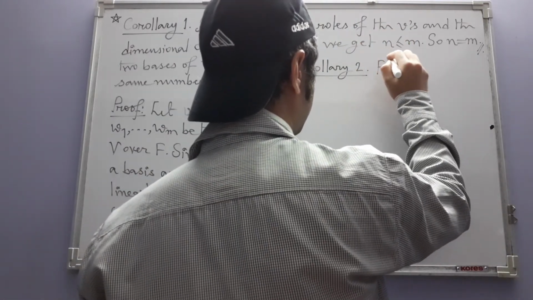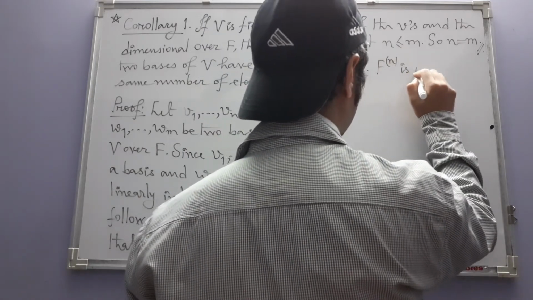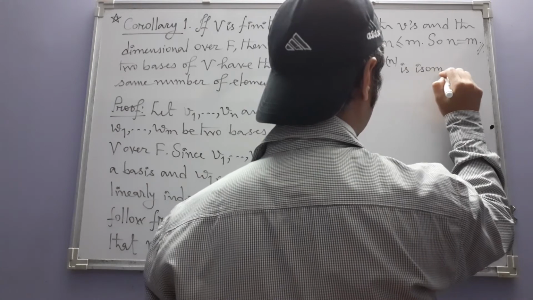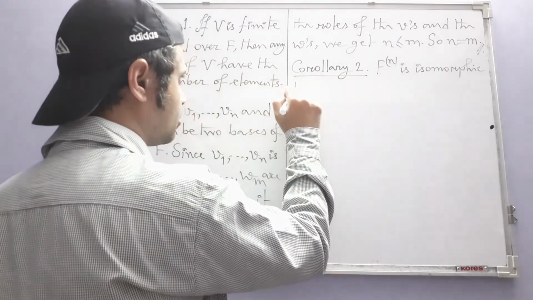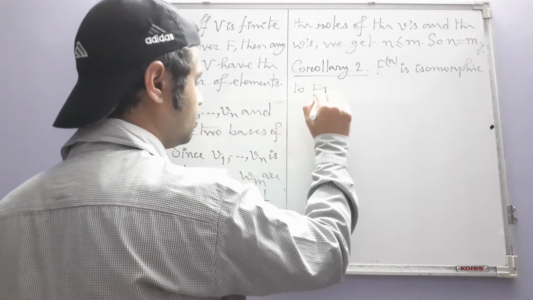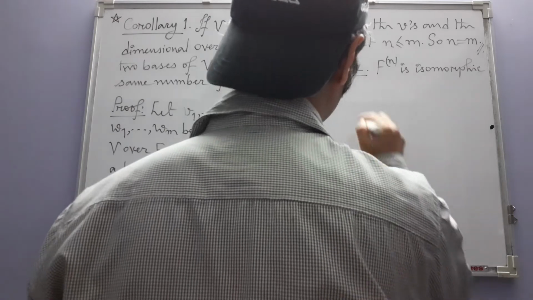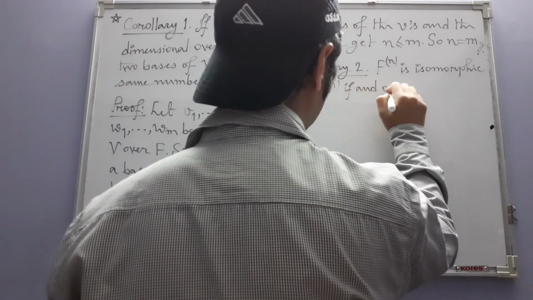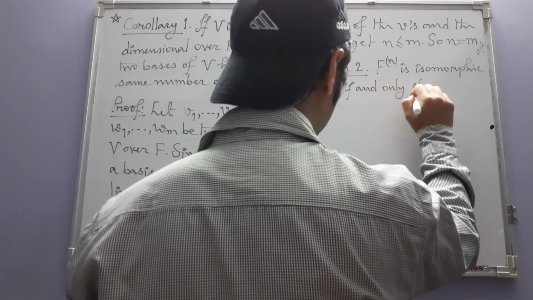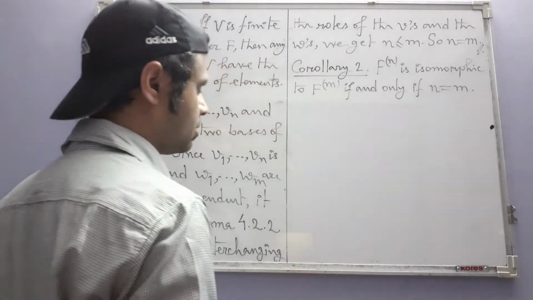The space of n-tuples F^n is isomorphic to F^m if and only if n is equal to m.